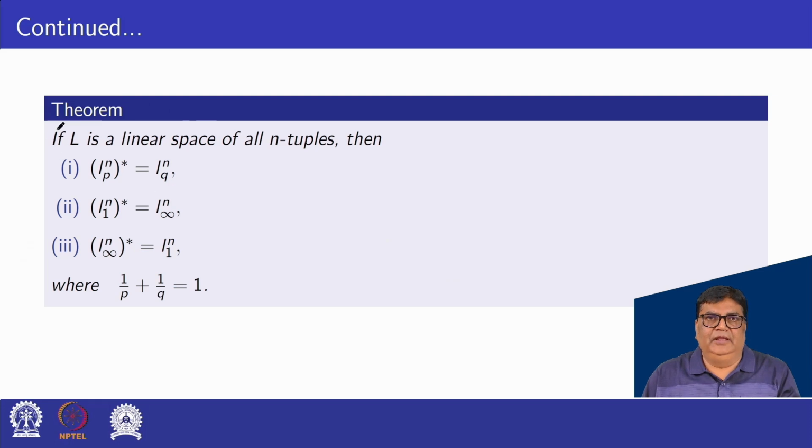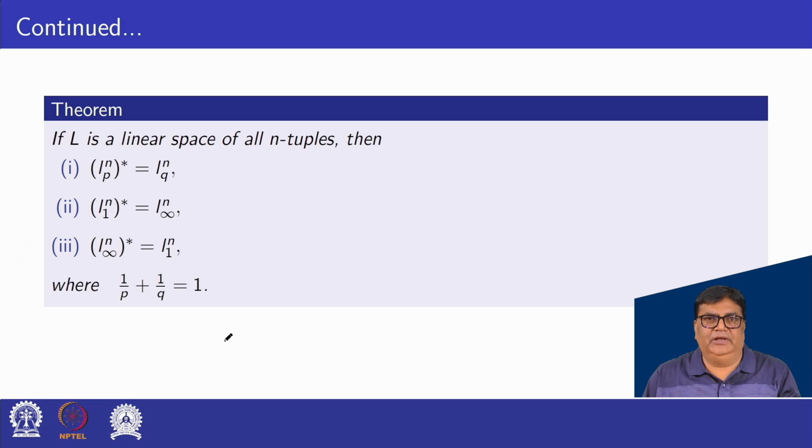Theorem: if L is a linear space of n-tuples, then the dual space of LPn is LQn, the dual space of L1n equals L infinity n, and the dual space of L infinity n equals L1n, where 1/p plus 1/q is equal to 1.